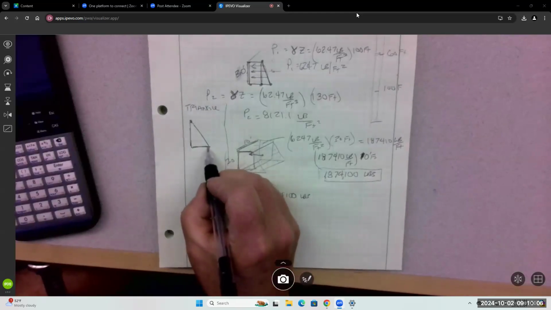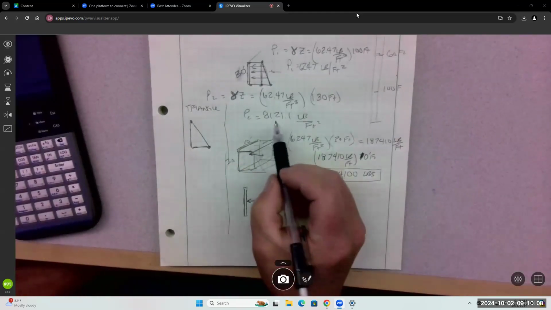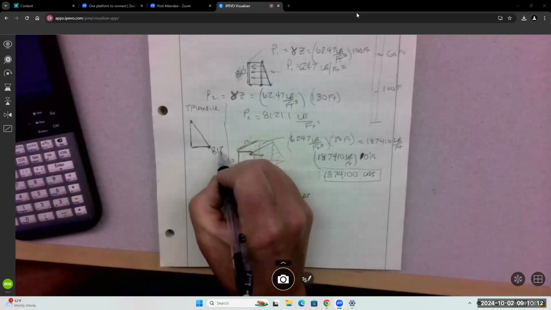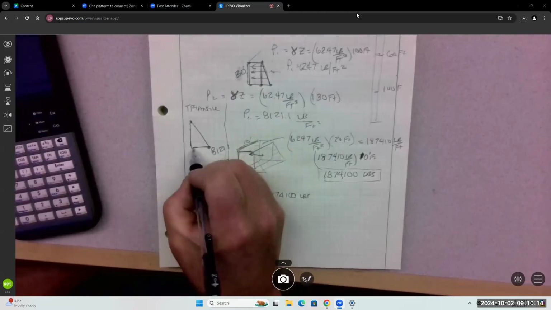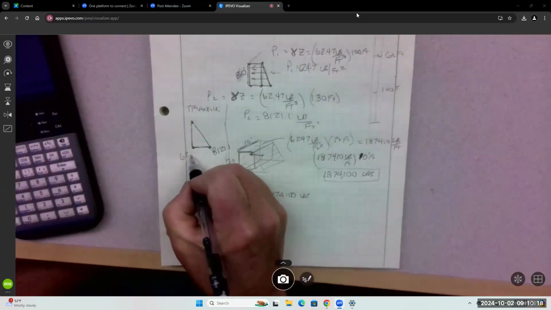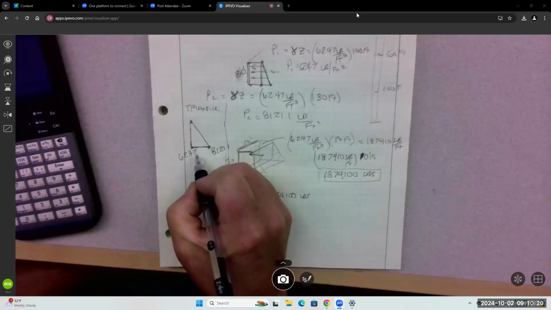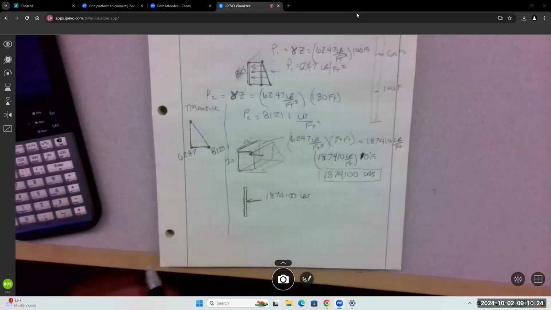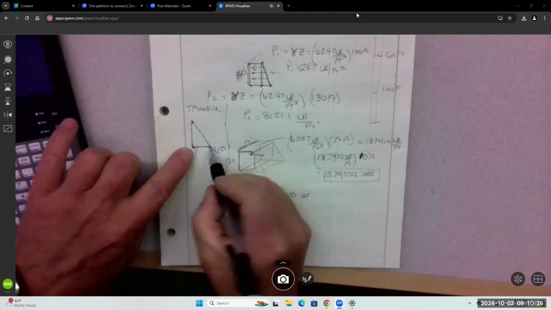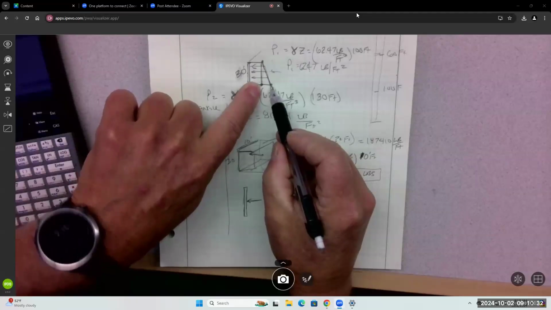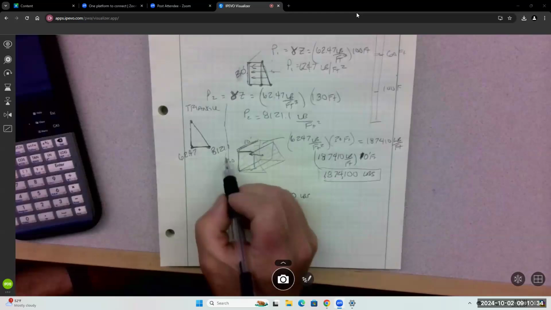So I know this value was this lower value at 8121.1, and this value was the 6247 number, right? Those are the two pressures that are here. Agreed? So then the pressure here is the difference between the two.